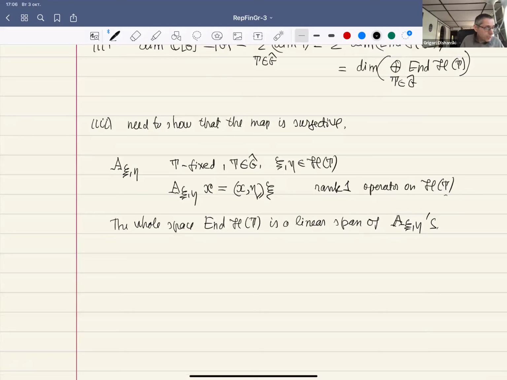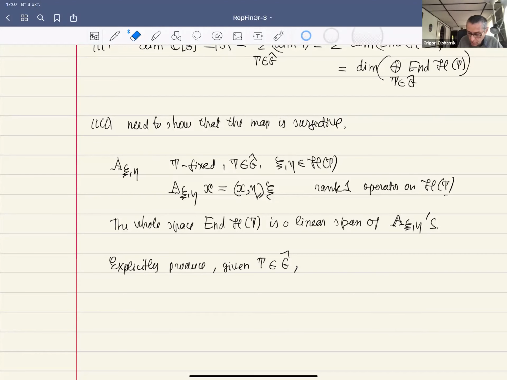So I will explicitly produce the element.